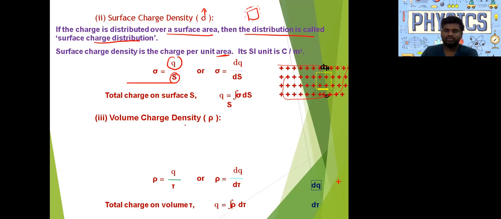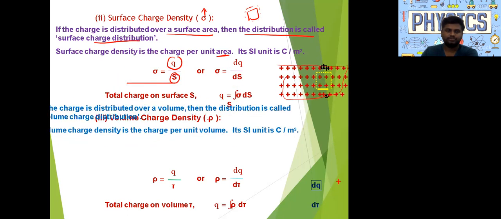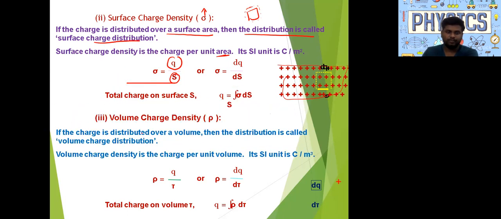Next, volume charge density, denoted by rho. What is volume charge density? If charge is distributed over a volume, then the distribution is called volume charge distribution. Volume charge density is charge per unit volume, so rho is equal to dq by dV.